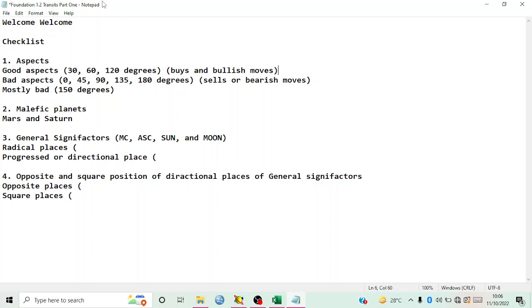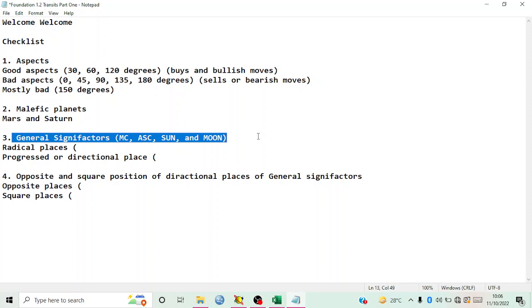And then checklist 3. General sign factors. I'd say there are three things that we need to consider always.